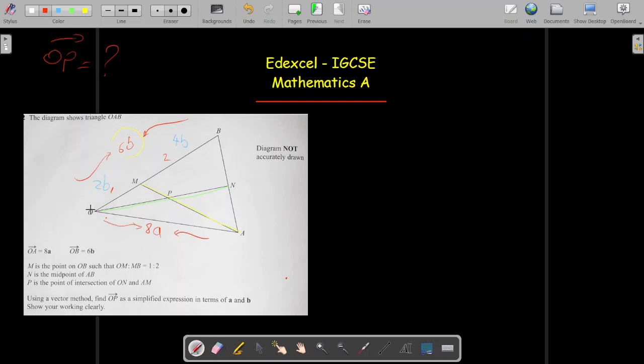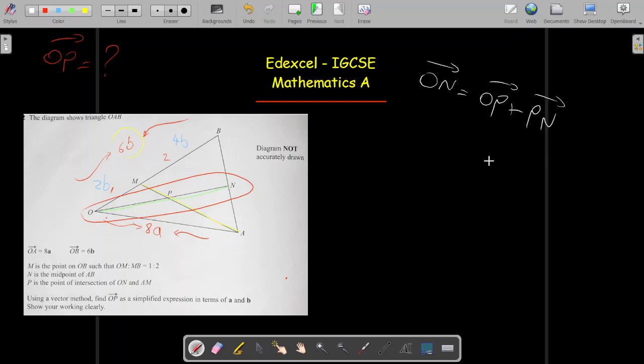So I can say that the ON vector is a total of two lines, right? It's the total of the OP vector, because this is collinear, and the PN.